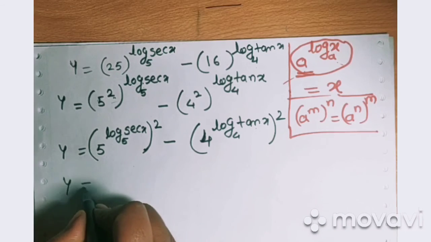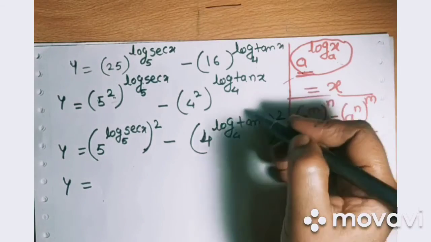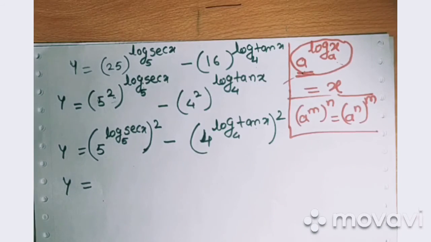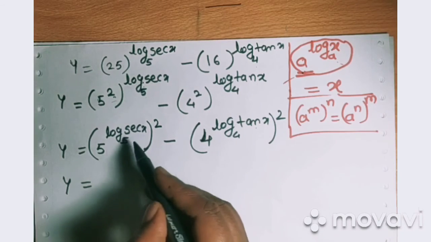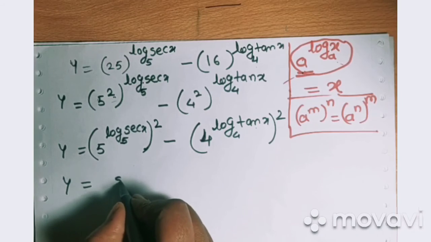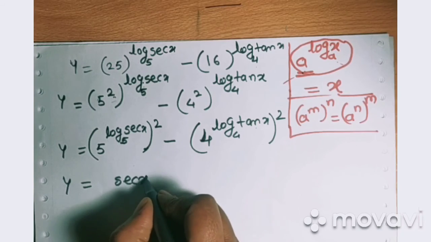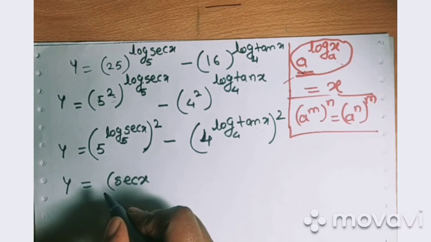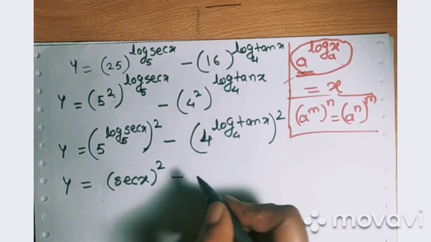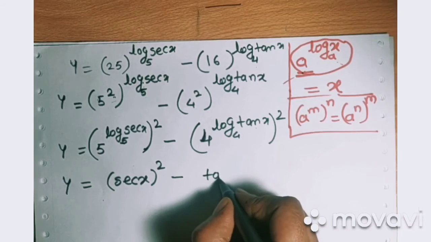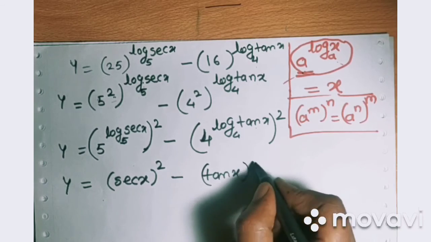Y is equal to, next use the first formula for this. Whenever the base of these two are the same, we get sec x bracket square minus tan x bracket square.